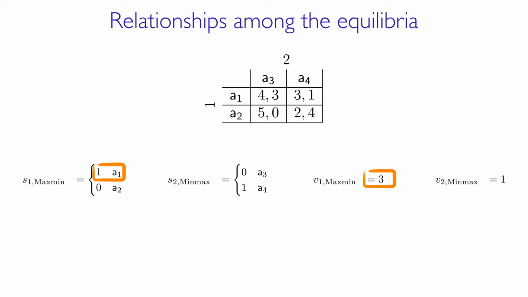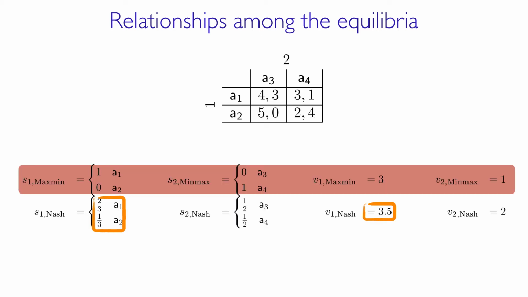Furthermore, this is the worst case for player 1. Assume that player 1 knows the utility of player 2. This game admits only one Nash equilibrium, in which player 1 plays action A1 with a probability of 2/3. The expected utility of player 1 is 3.5, larger, obviously, than the expected utility of that player at the max-min strategy.